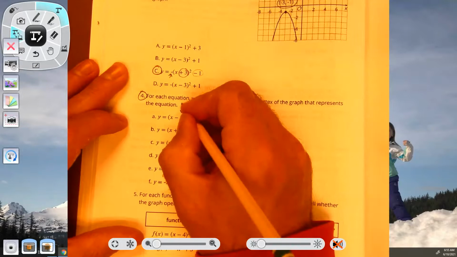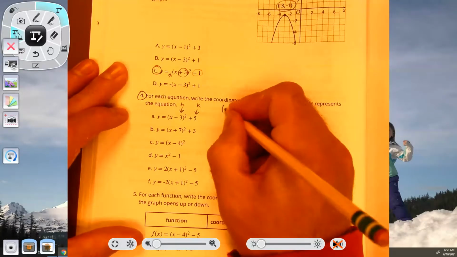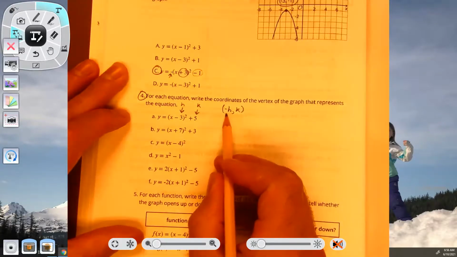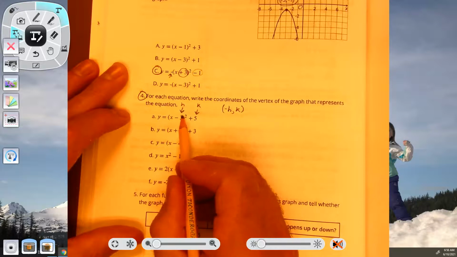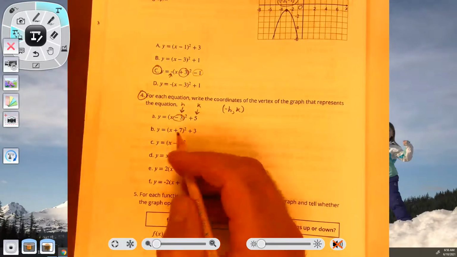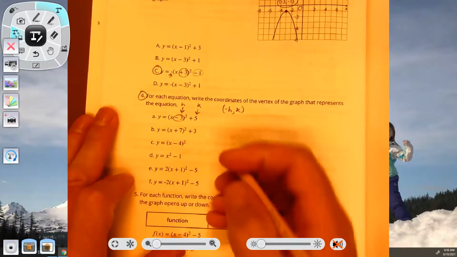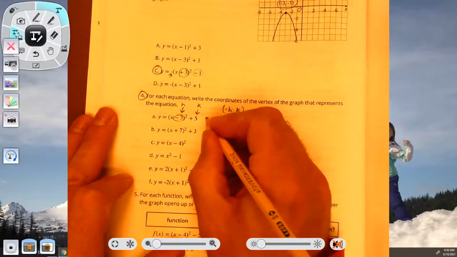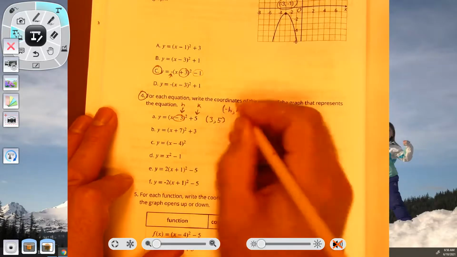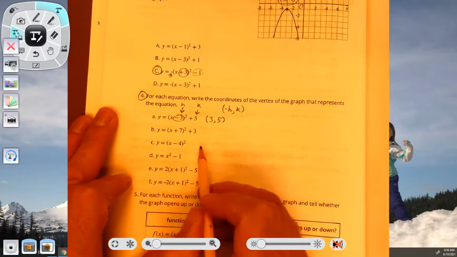We call this H and K. So our vertex is always going to be -H, K. And what this means, when I put this negative sign right here, it just means that whatever this is, whether it's +3 or -3, whether it's plus or minus, we're just going to switch this sign when we put it into the vertex, okay? So the coordinates for this vertex are going to be 3, 5. Notice how we keep this one the same, but this one we change the sign, okay?